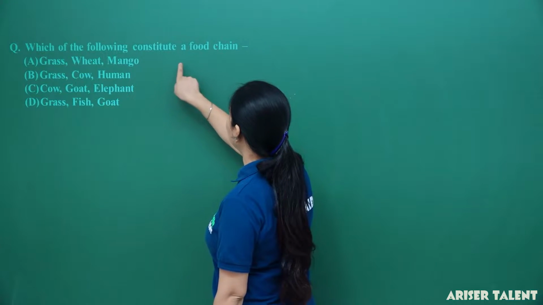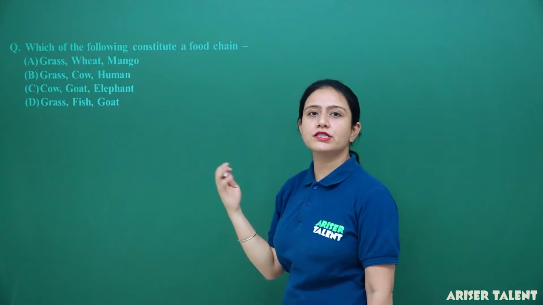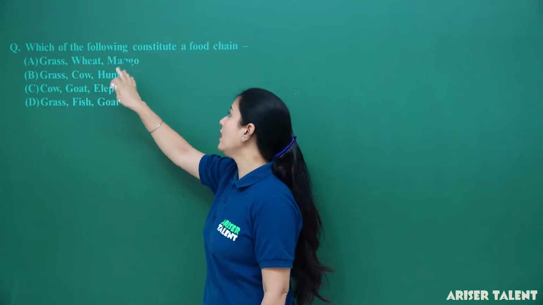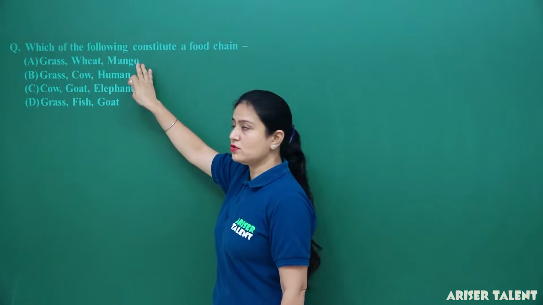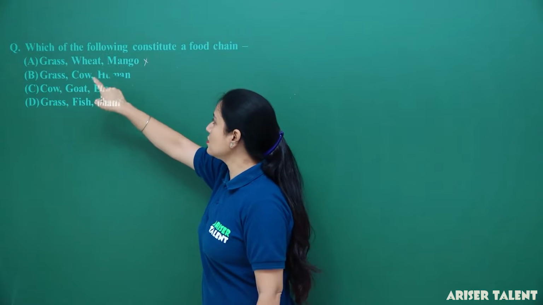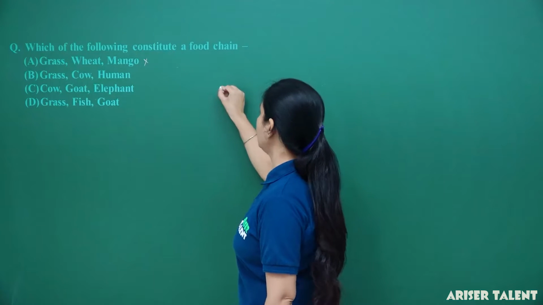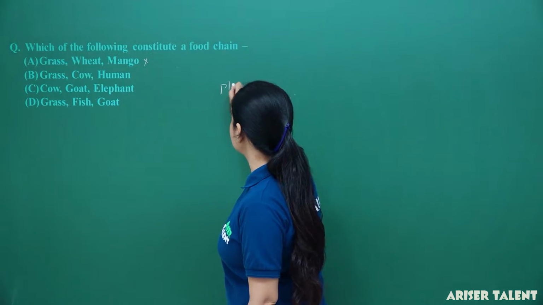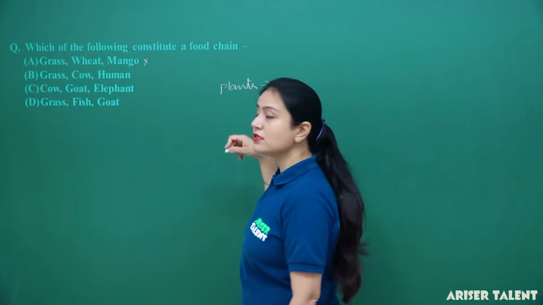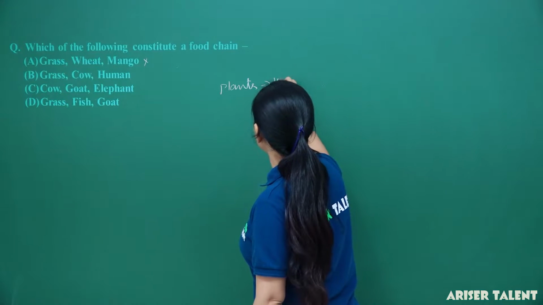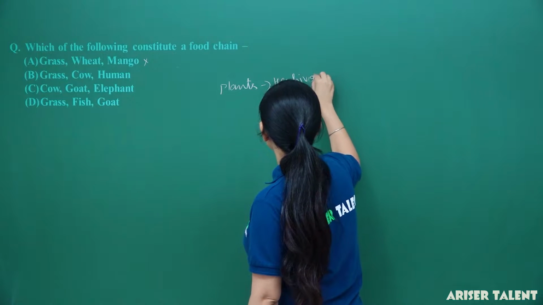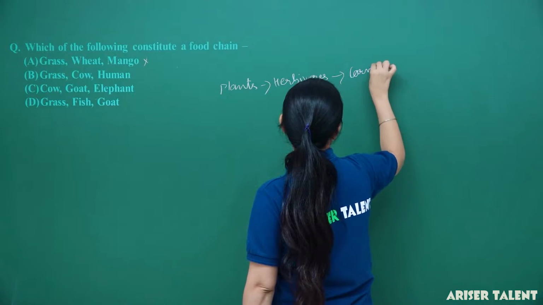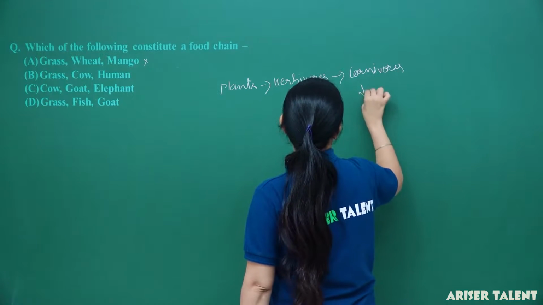Next is, which of the following constitutes a food chain? Generally we know a food chain starts from a plant only. Grass, wheat and mango, these are all plants only, so this is not a food chain. Grass, cow, human. As I told you, in the food chain first come the producers, meaning plants, then consumers, in which first come herbivores, then carnivores and then omnivores.